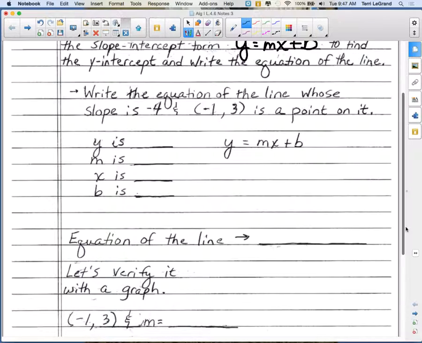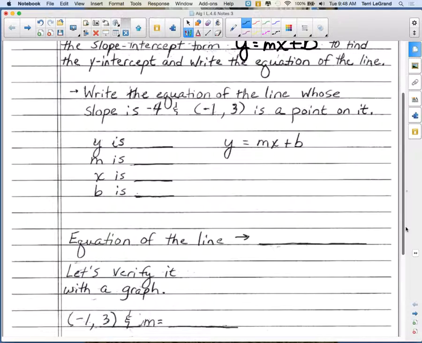So we're going to write the equation of the line whose slope is -4 and has this ordered pair (-1, 3) on it. How do we know that (-1, 3) is not the y-intercept? How come we can't just pull that y value of 3 out of there and say that's the y-intercept? Because the x value of that point has to be 0.